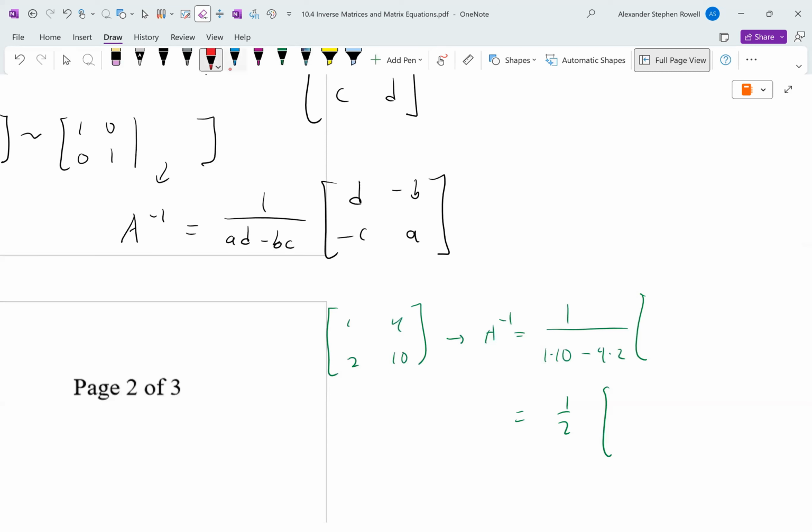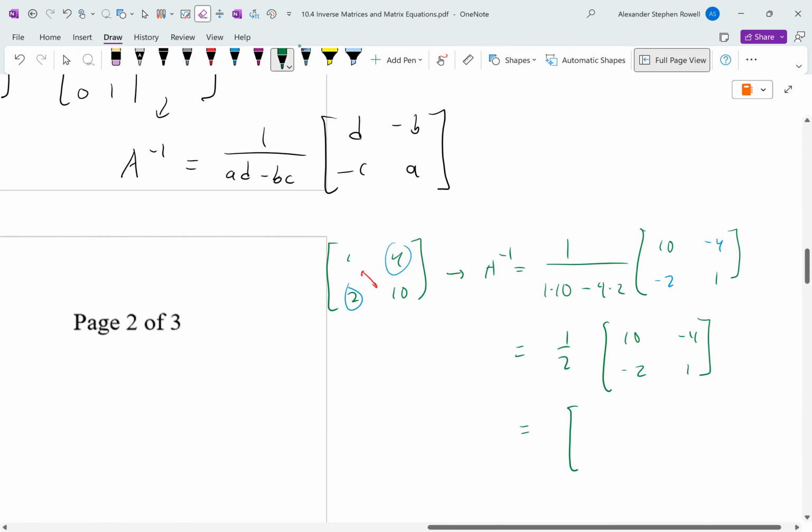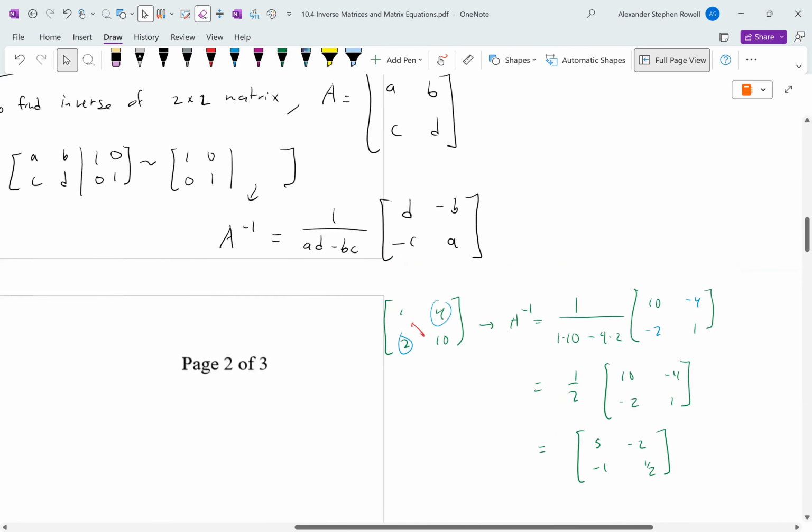Then we flip these numbers, A and D, to make it 10 and 1. And you make these opposite sign: -4, -2. How do you multiply a matrix by a number? Multiply every number by 1/2. So 5, -2, -1, 1/2. We got the same answer.